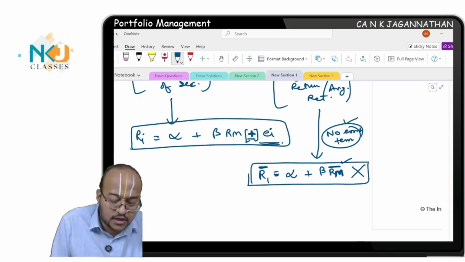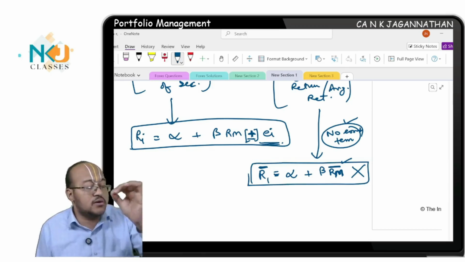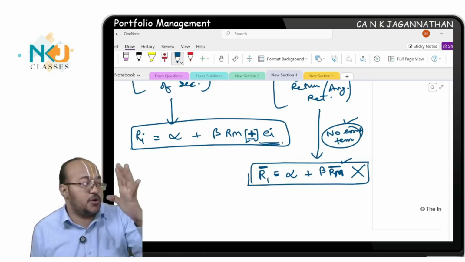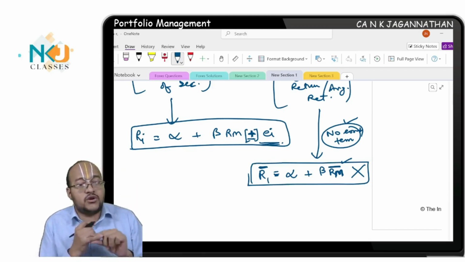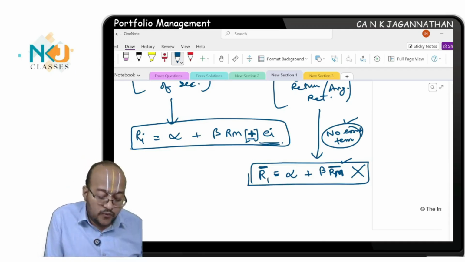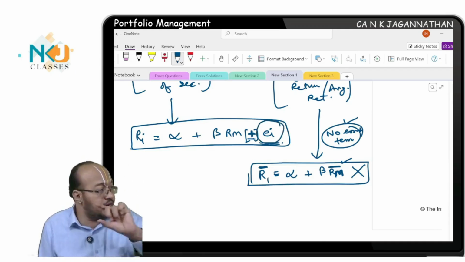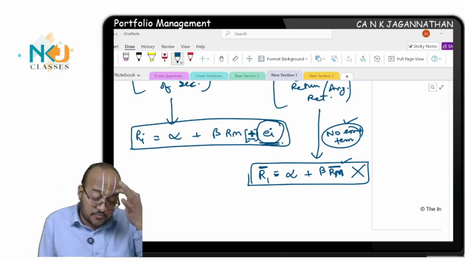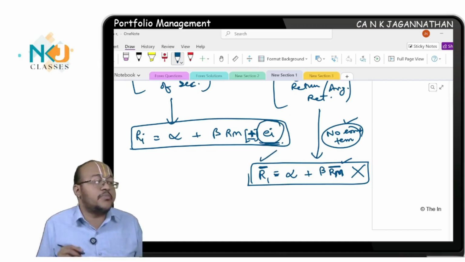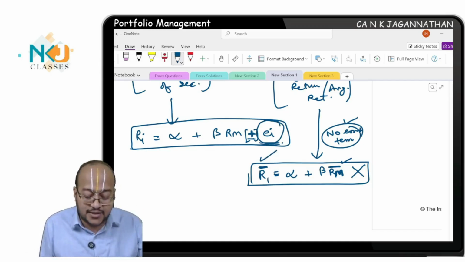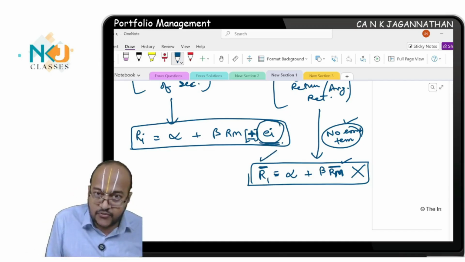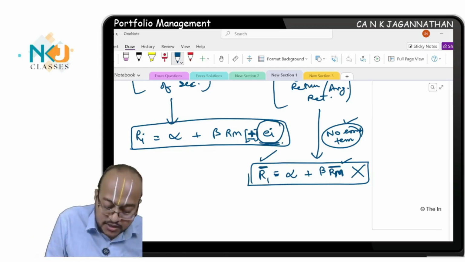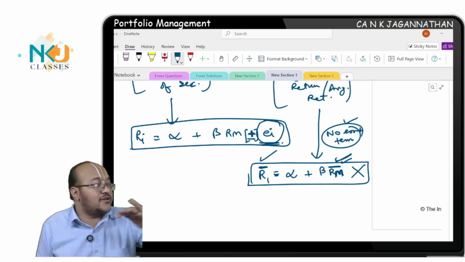To summarize, actual return of the individual securities when you compute, you will have an error term because there will be deviation from the regressed return. When you compute regressed return, there should not be any deviation. The error term vanishes, and the equation becomes alpha plus beta times the Rm bar. This Rm bar is nothing but the average market return.